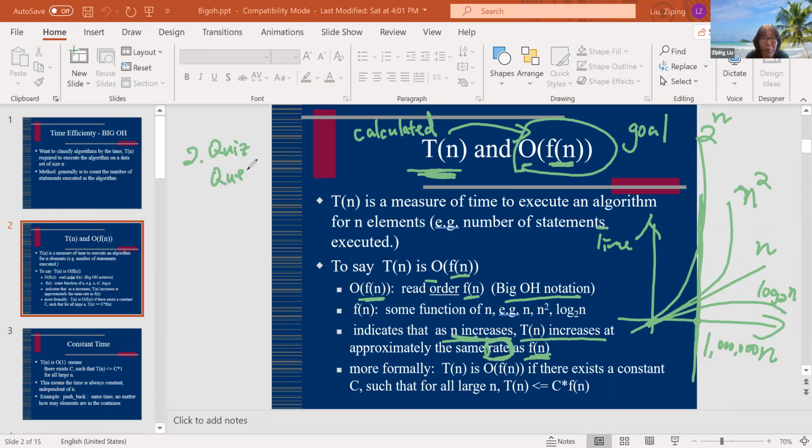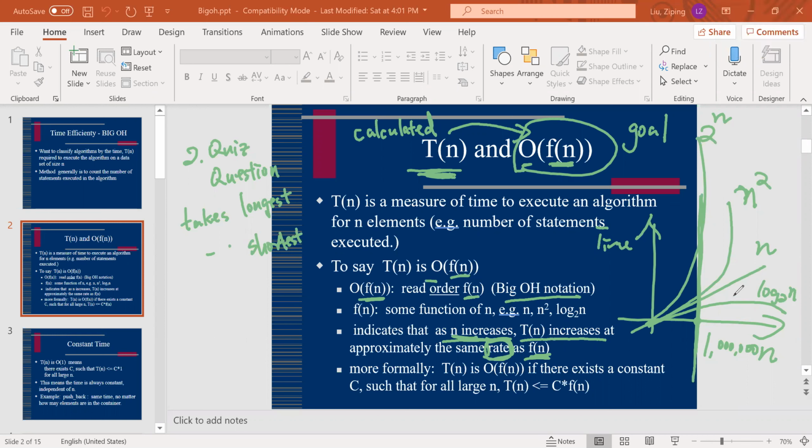Based on your math, among these four, which one takes the longest, and which one takes the shortest? This is a pure math question. So who can tell me which one is going to be the fastest and which one is going to be the slowest?